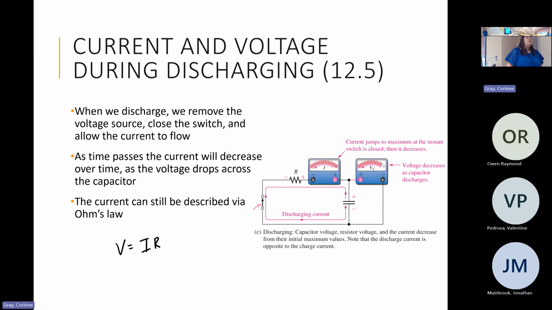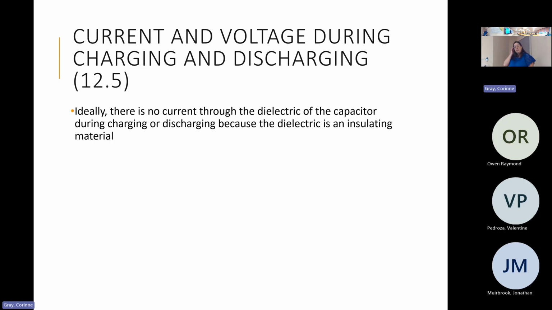There are some ideal things that we are going to be considering before we get to our equations. First is that we are going to be assuming that across the dielectric in between our parallel plates, we cannot have charging or discharging. We are going to be assuming that this is the most ideal dielectric in there, and no current flows between those two plates.